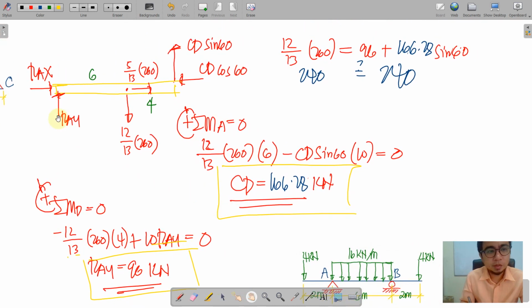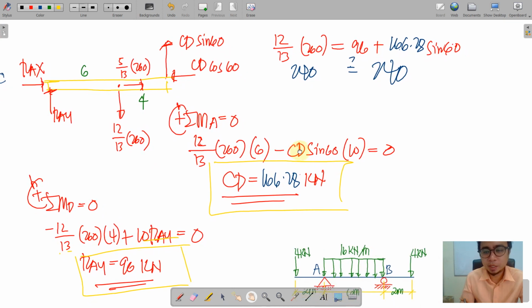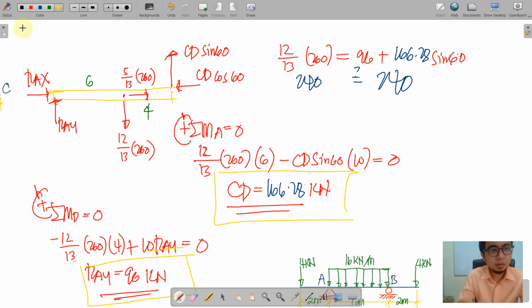So for RAX, mas madali na lang to. We'll just have summation of forces along x is equal to 0.